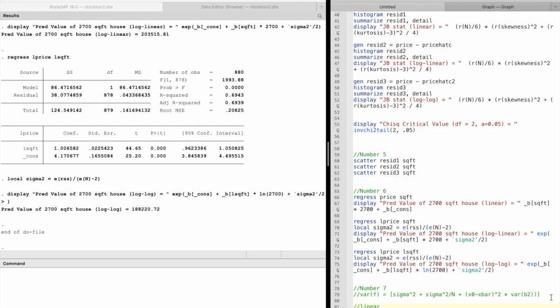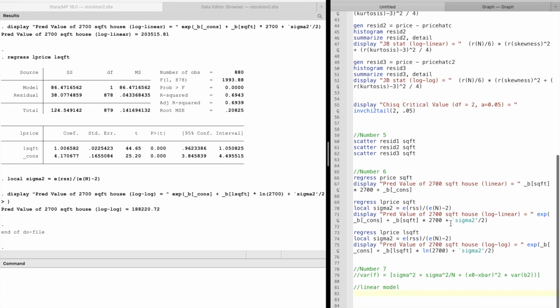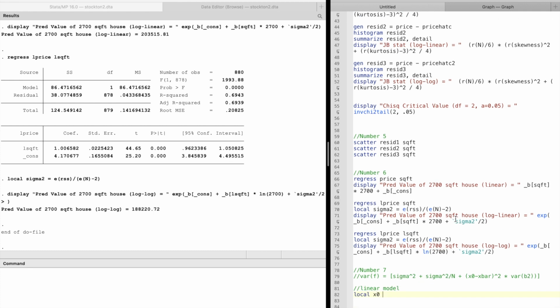So for the linear model, we will make a local x naught. This is going to be 2,700. And quietly regress price on square feet so we don't get all that output. If you want to see the output, just remove the quietly.